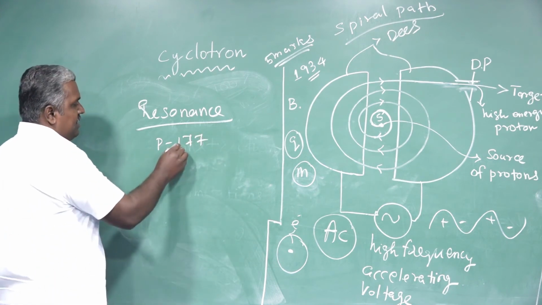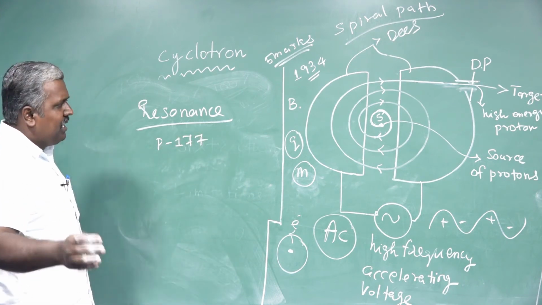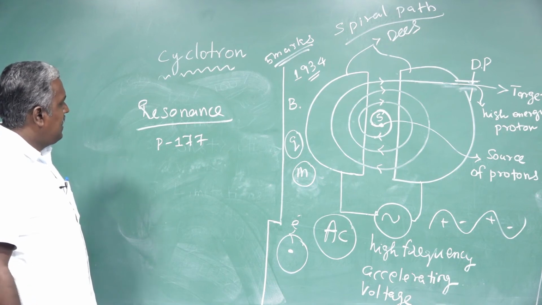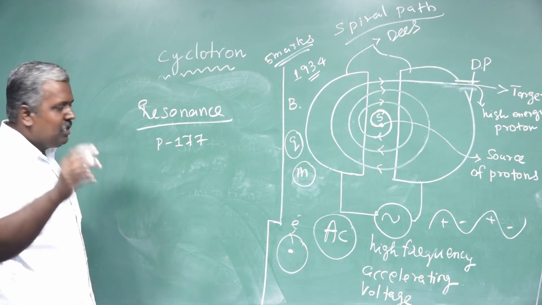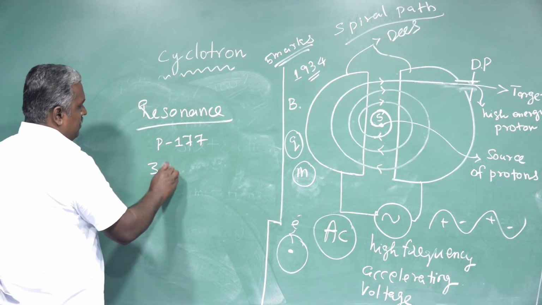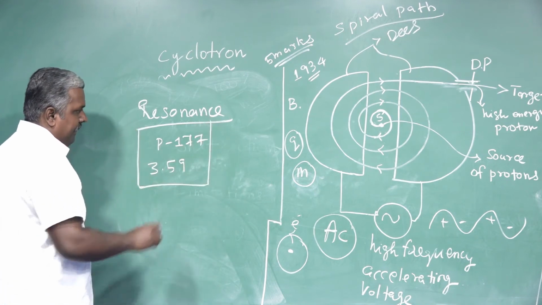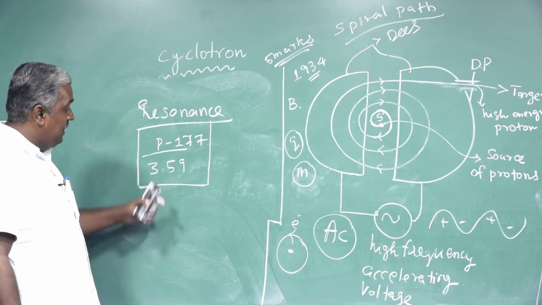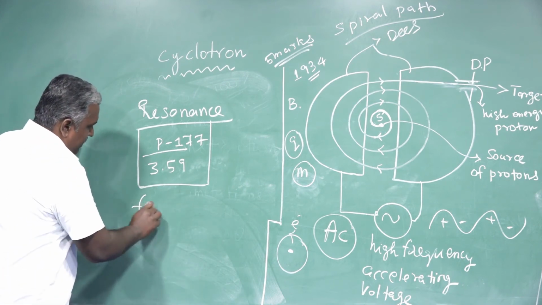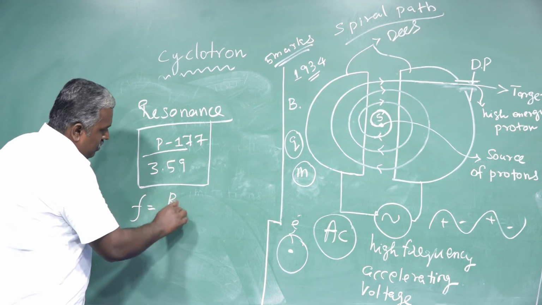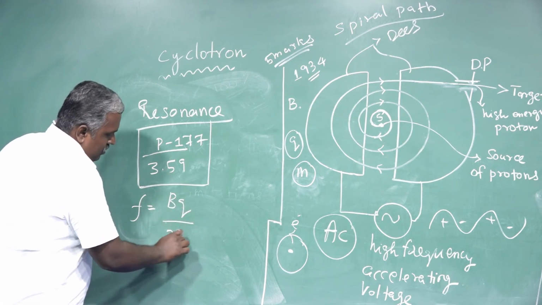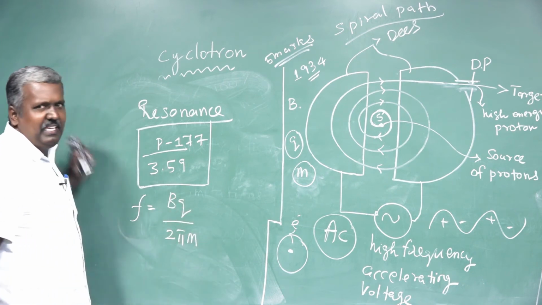Am I correct or not? Take and see in your textbook quickly. Page number 177, equation number 3.59. Yes. f is equal to Bq by 2 pi m.